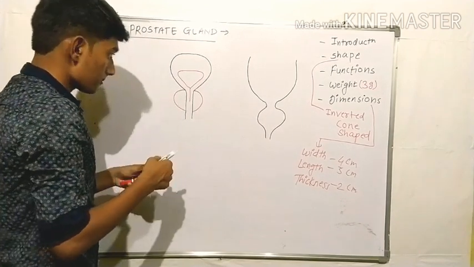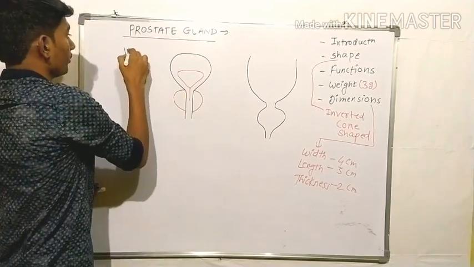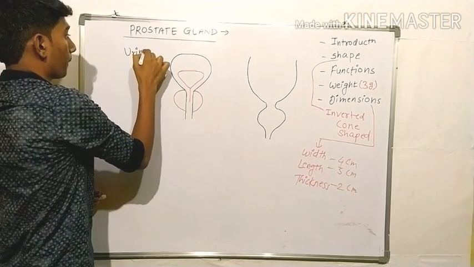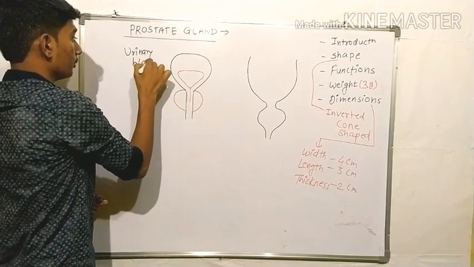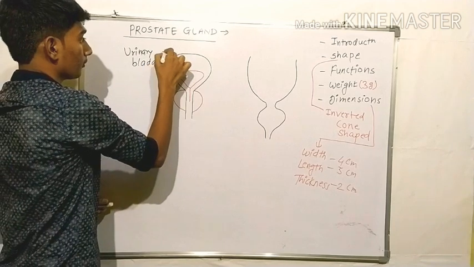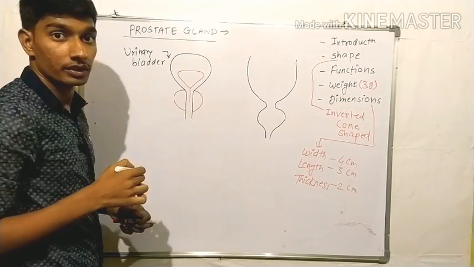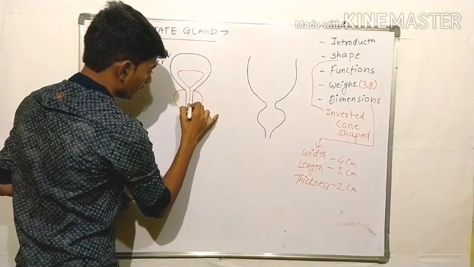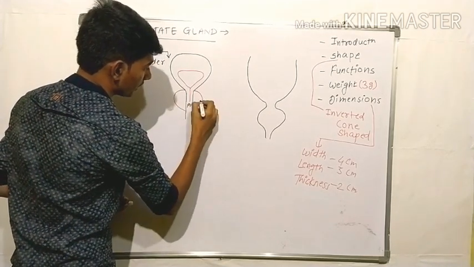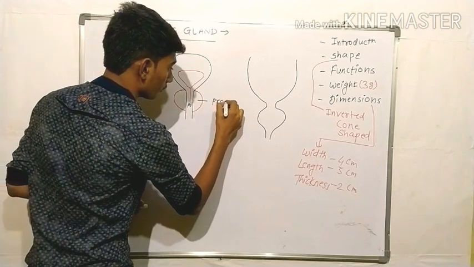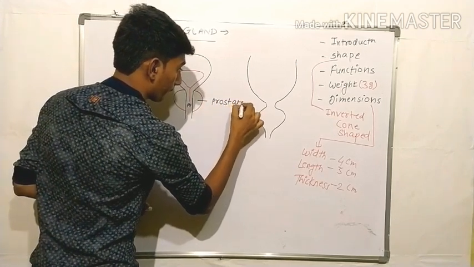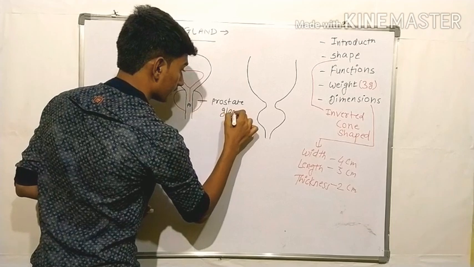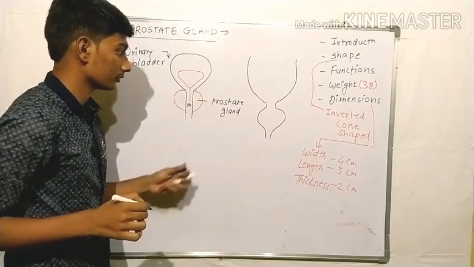Now, this is urinary bladder. This one is prostatic urethra, and the prostatic urethra is surrounded by prostate gland. Clear?